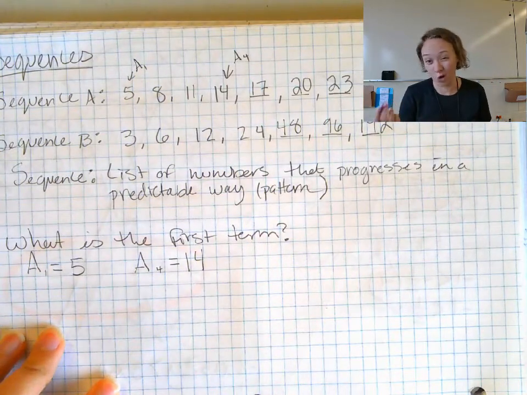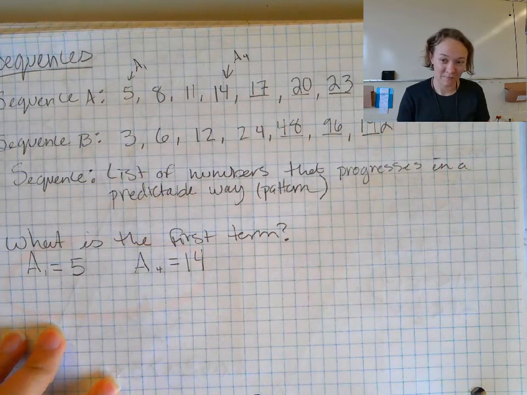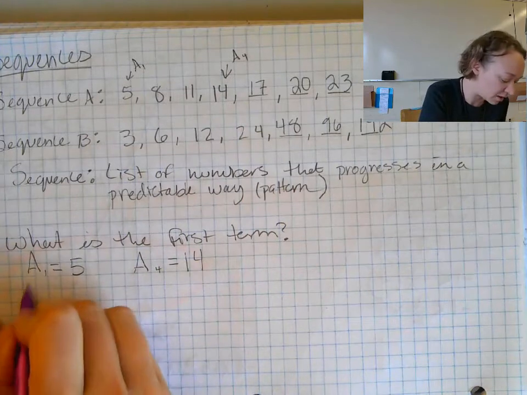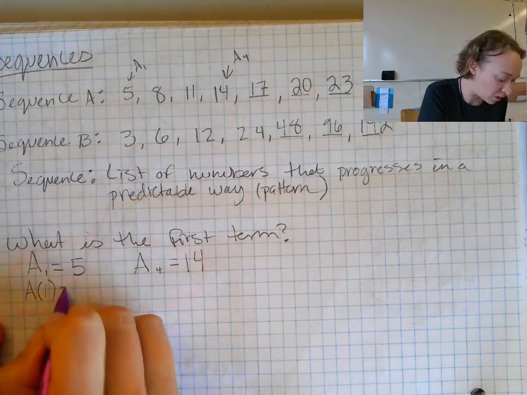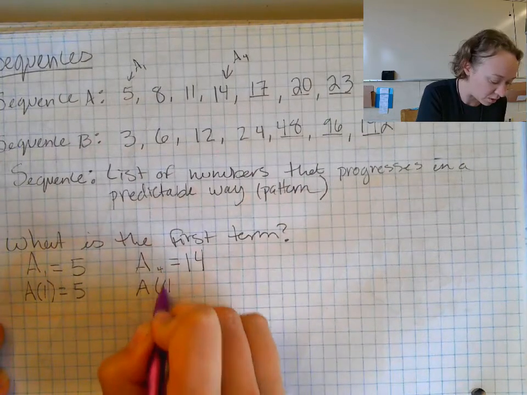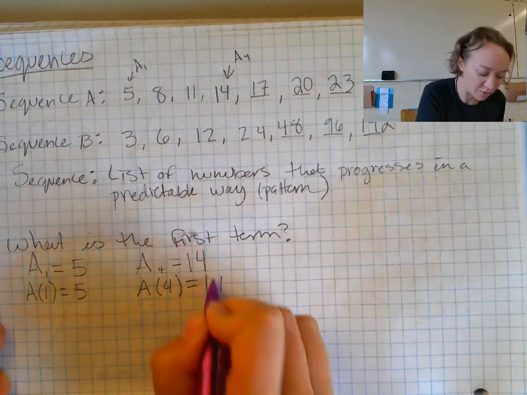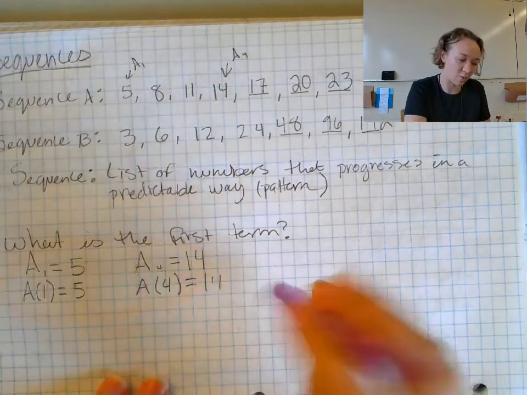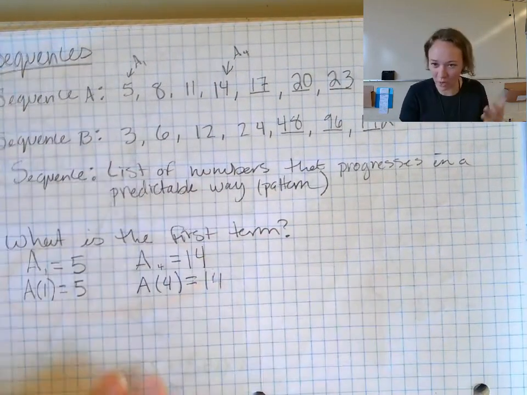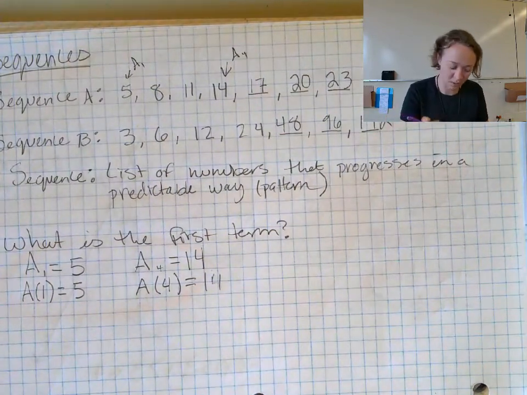Now you can also write these in function notation. So you could also say A of 1 is 5 and A of 4 is 14. It's just two different ways to write it, just like how we can use f of x or y. They're kind of interchangeable.